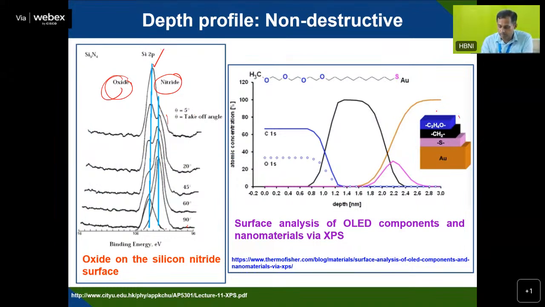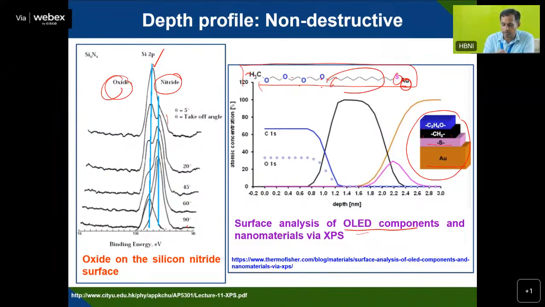Another example is here. This is an organic LED component, where you have a gold substrate, then sulfur, then CH2, then the end group. This is a thiol molecule present on the surface of gold, coated on it. Sulfur, then oxygen is present here, then at the end CH3, and in between you have CH2.